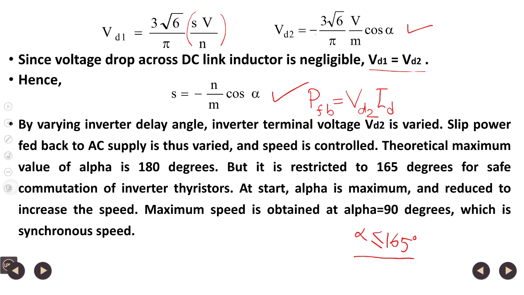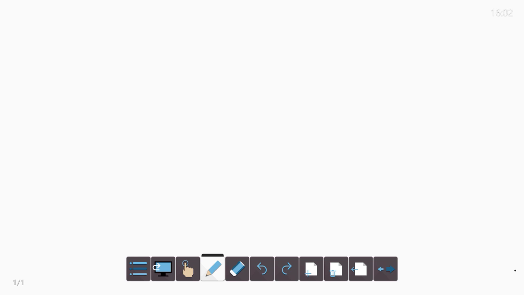By varying the alpha, speed is controlled. So, now we will see how to decide the transformer turns ratio. As you saw, the slip S in this static Scherbius drive is minus n by m cos alpha.